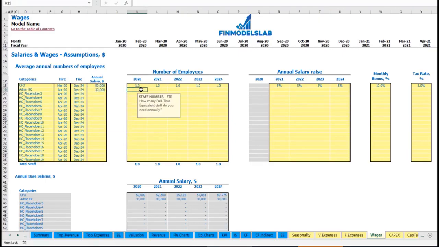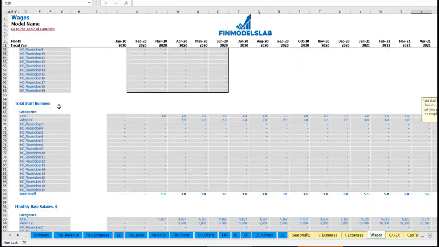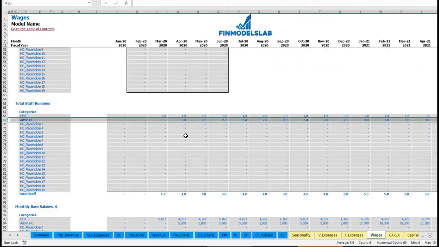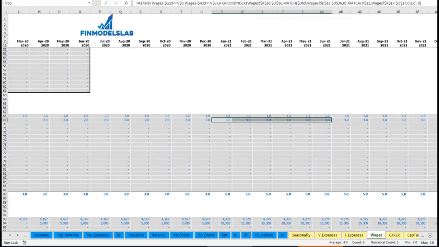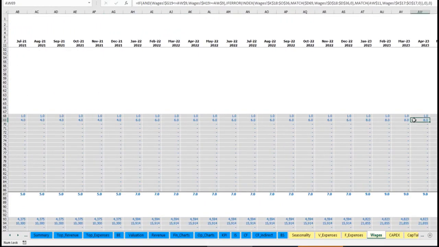Let it be in year number 1, 2, then 4, 6, 8, and 10 headcounts. 3% of annual salary growth, 5% of monthly bonus, and 5% of payroll tax rate. So in here you may see total staff numbers, which is 2 for year number 1, 2020. Starting from year 2021 you have 4, then 6, 8, and 10 in the last year of the model.